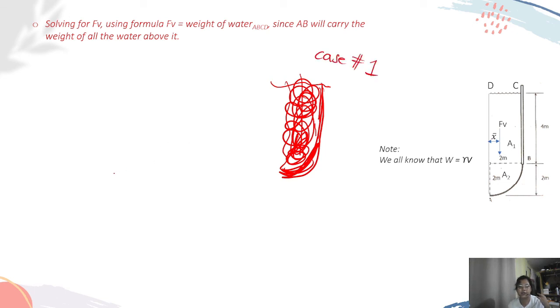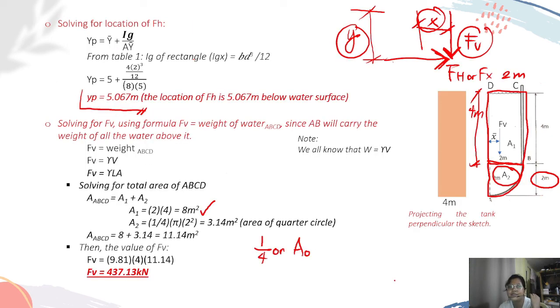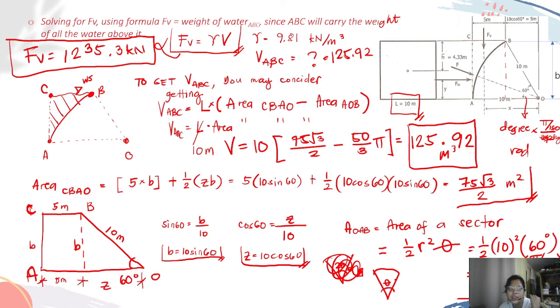Pero in case of yung kanina, where this is your liquid, magpo-project ka dyan ng imaginary weight. Ganun lang yung ruling lagi. So, para di kayo malito, may isa pang example.